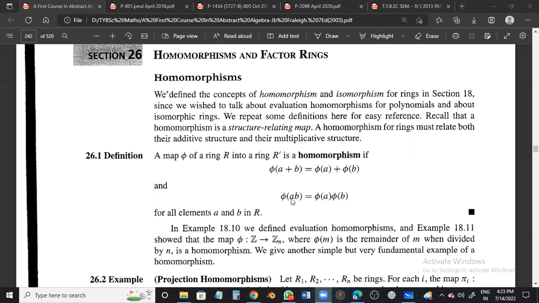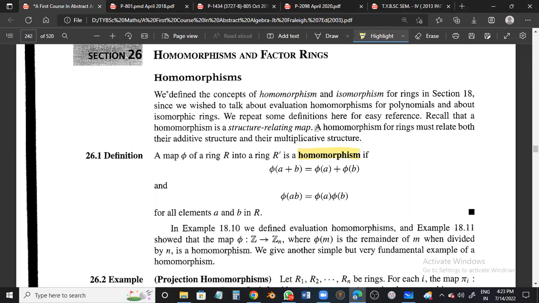If it preserves both the operations, that of addition and multiplication, then that phi is known as a homomorphism. So phi is known as homomorphism if phi preserves addition and phi preserves multiplication.